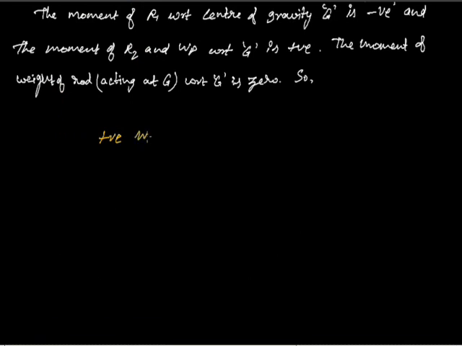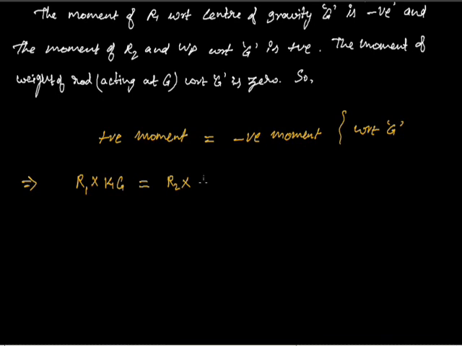So positive moment is equal to negative moment, which we are taking here with respect to point G. So we can write here the moment of reaction force R1 with respect to point G equals R1 multiplied by K1G, that is positive moment, is equal to R2 multiplied by K2G plus WP multiplied by PG.